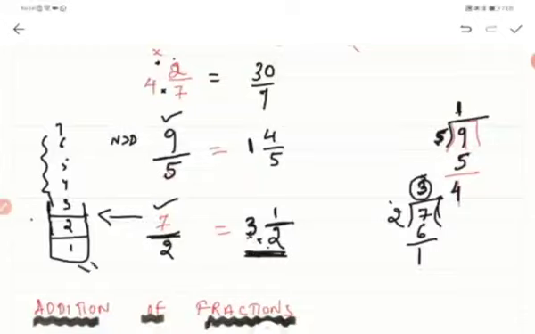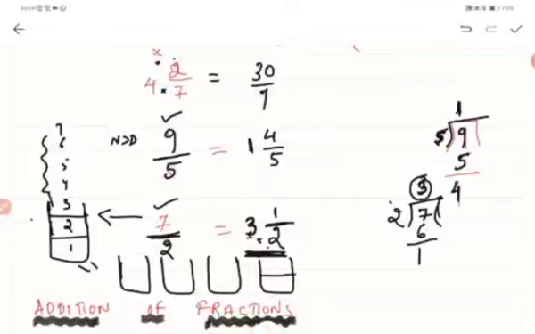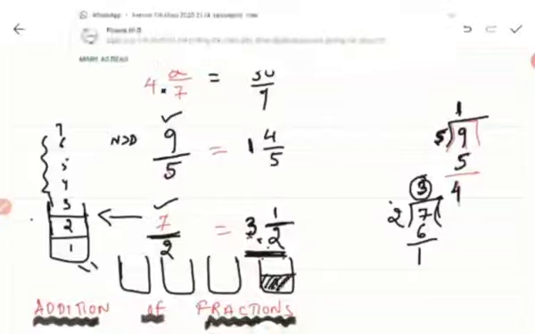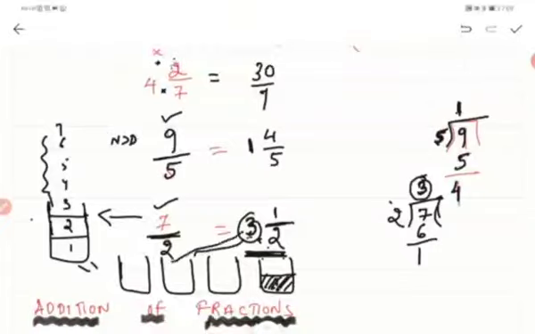Take 3 containers which are whole, and the second container has 2 divisions, it can accommodate 2, but the used part is only 1. So this is the representation of the whole number 3, and the fraction part will be represented like this.